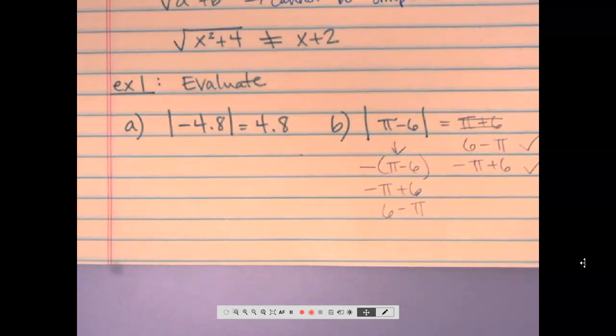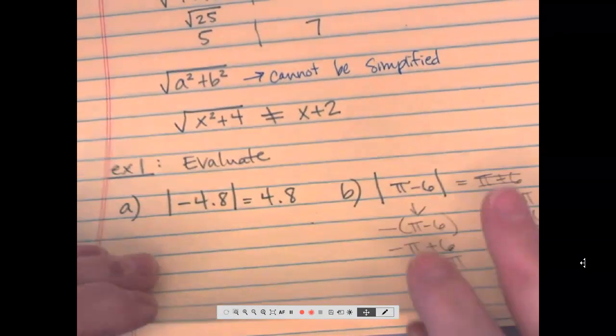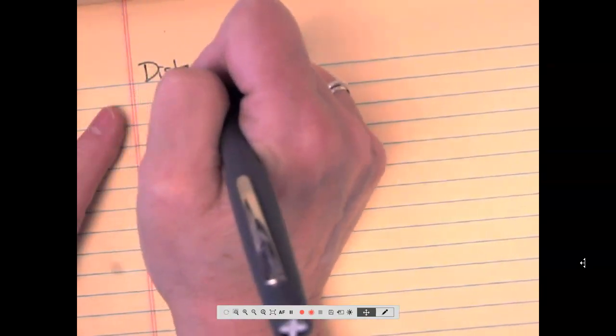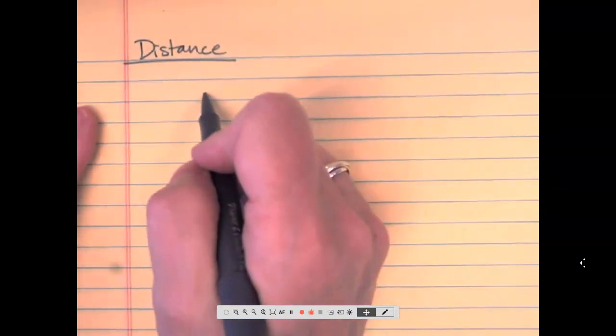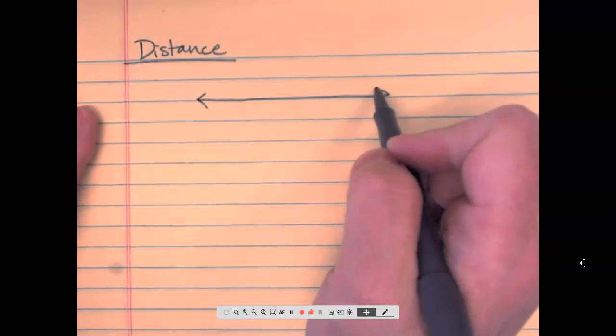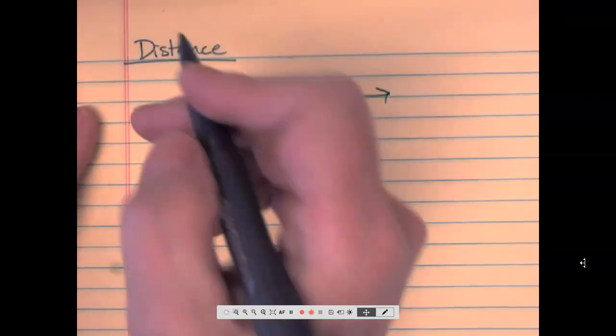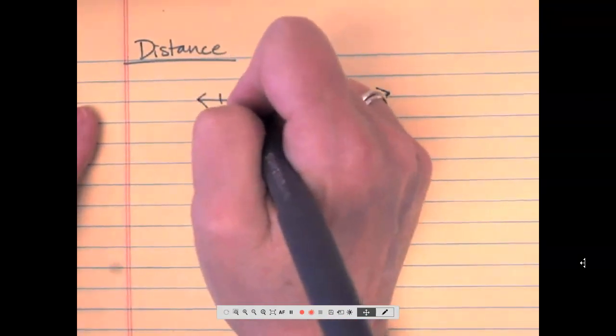Okay? Are we all right with that? Is that sitting okay? All right, let's do a really, really simple distance problem. Okay, I'm going to draw a number line. And I'm going to just put a few integers on here.